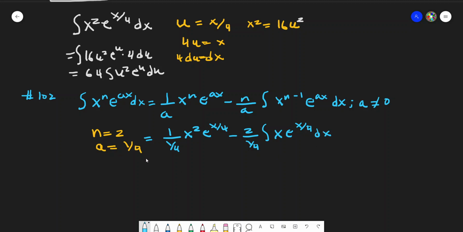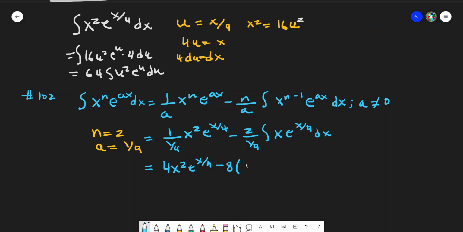But notice that we can actually rewrite this as 4x squared e to the x over 4, and then minus 8, but now it looks like we have to reapply the entire formula all over again. So now we're going to use that n is equal to 1 and a is the same value.